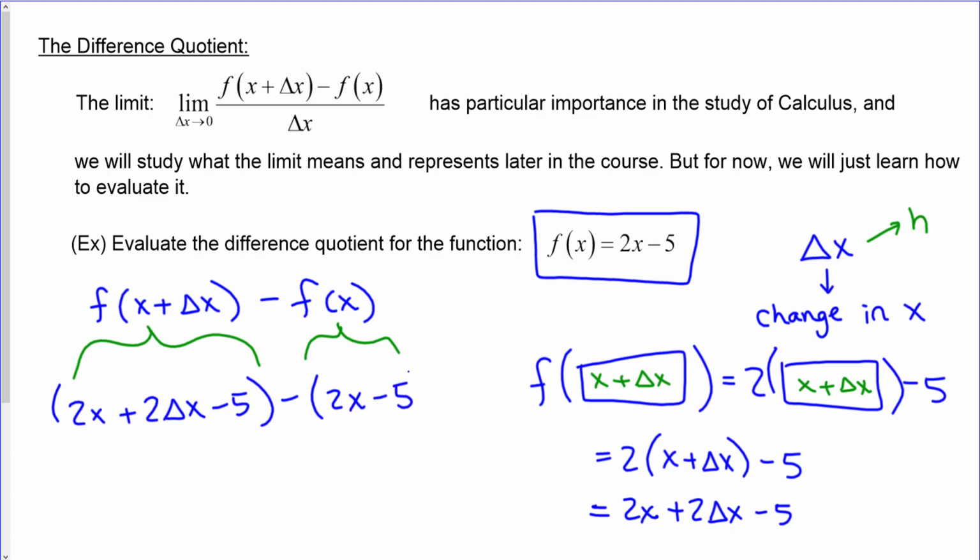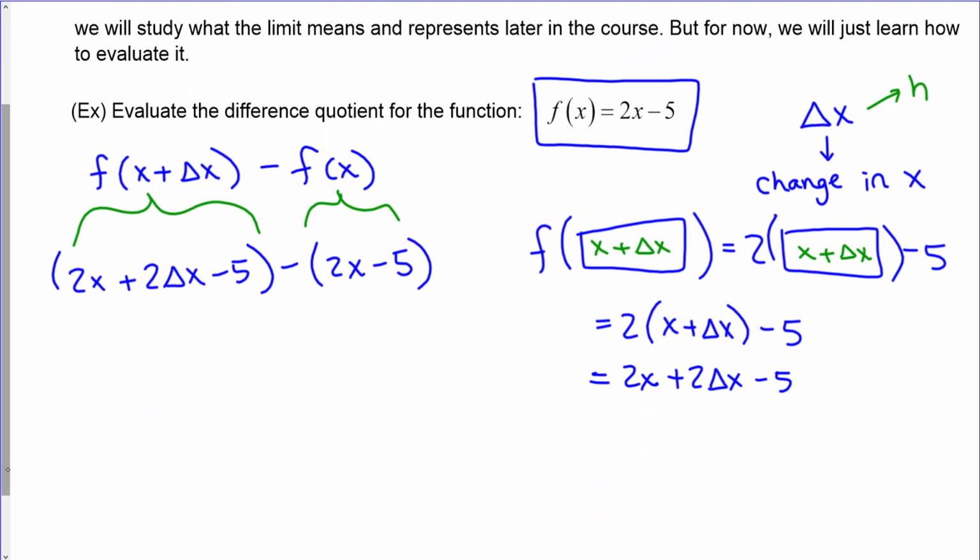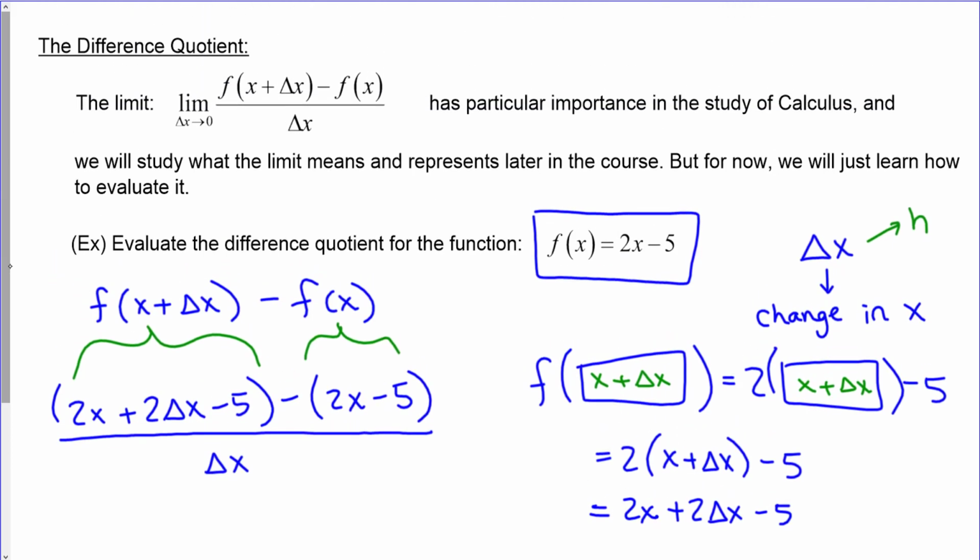So I evaluate the function at x plus delta x, then I subtract the original function from it. And then when I do my limit, I'm going to take all of this divided by the quantity delta x, and that's just right up here from the formula. So it's f of x plus delta x minus f of x divided by delta x.